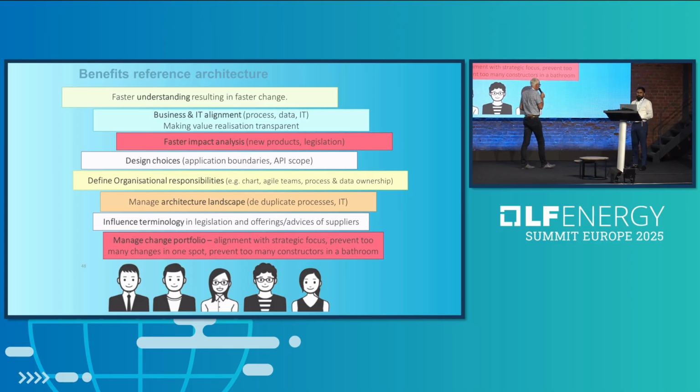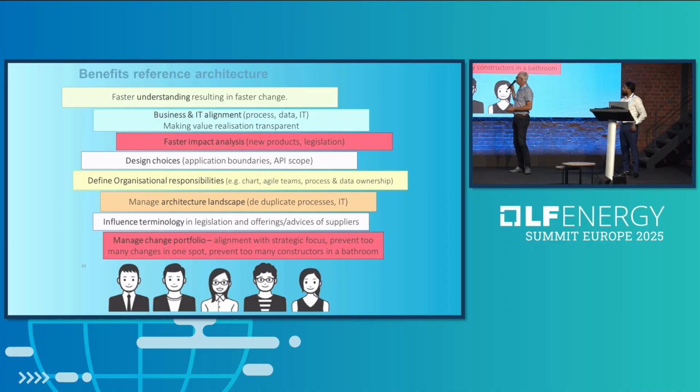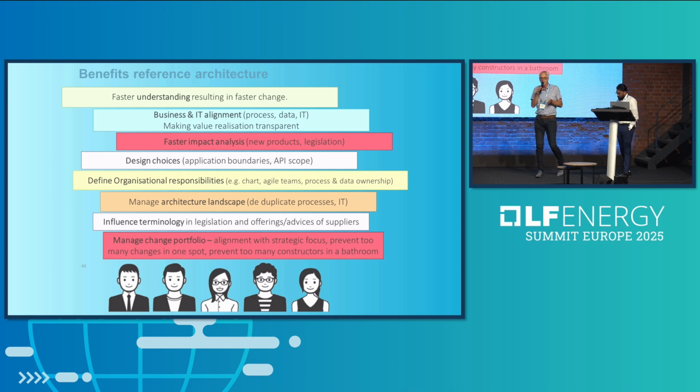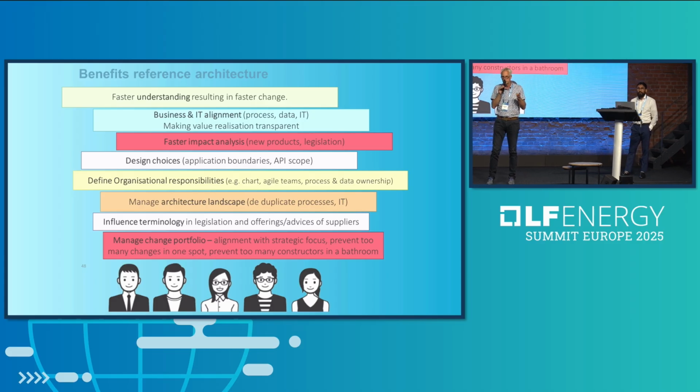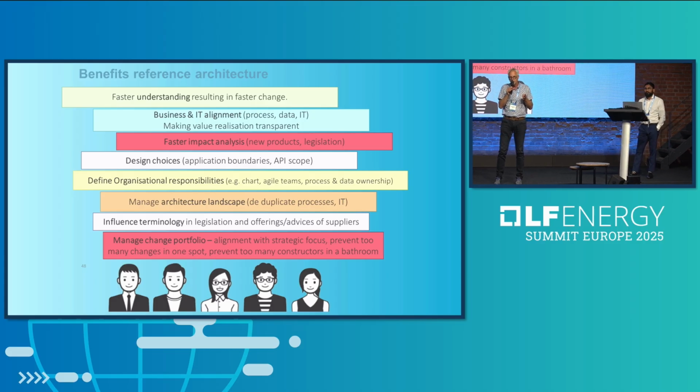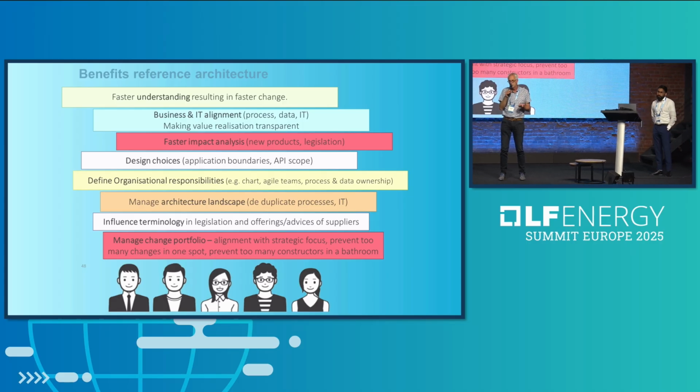The last part I want to mention is you can use it to make design choices. You can use it to say, okay, if the business is created in a reference architecture and has different parts, my solution should also have different parts to be flexible, to make a composable organization.